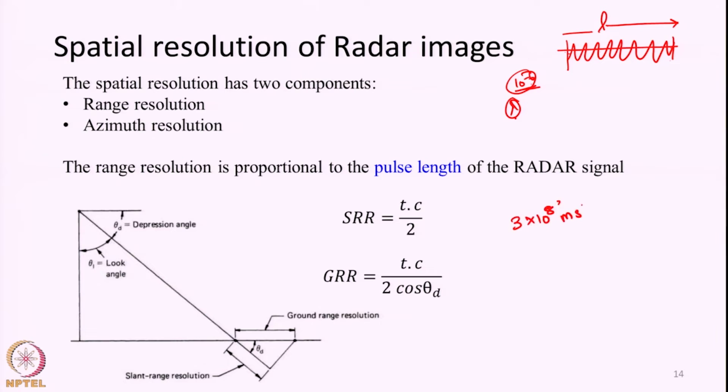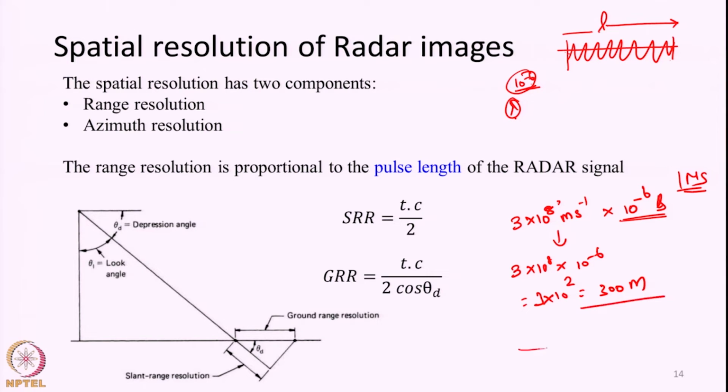Let us assume the velocity is 3 into 10⁸ meters per second, and let us say a system transmits microwave for 10⁻⁶ seconds, that is 1 microsecond. So, the total length of the pulse that will be transmitted will be 3 into 10⁸ into 10⁻⁶, that is equal to 3 into 10², that is 300 meters. That is the length for which the microwave is transmitted.